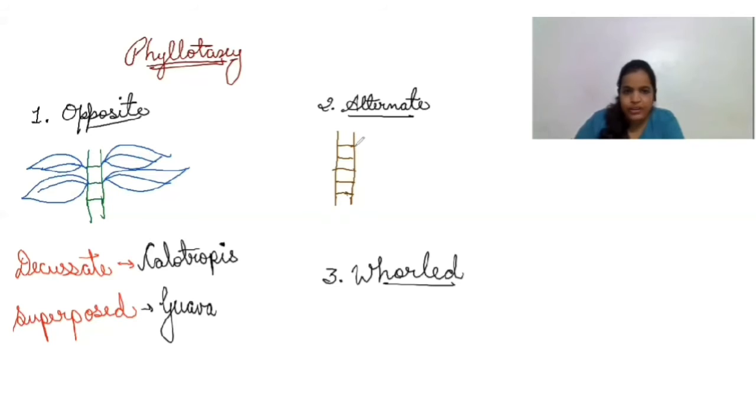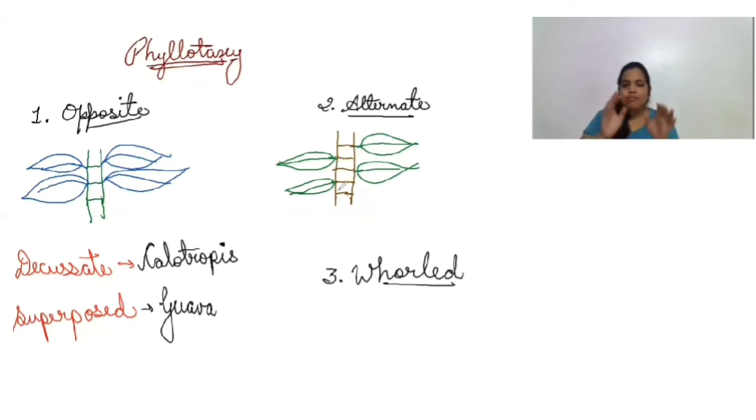But at one node, only one leaf is formed, and that too in an alternate manner like this. It means they like to keep distance from each other. Clear? So when one leaf at each node is present in an alternate manner, we call the phyllotaxy alternate phyllotaxy, guys.